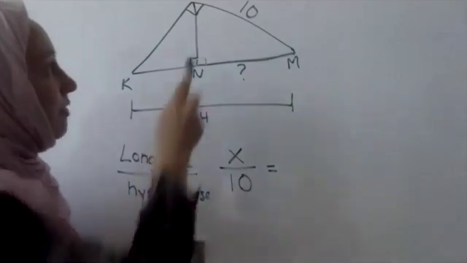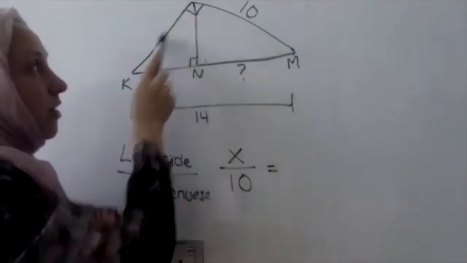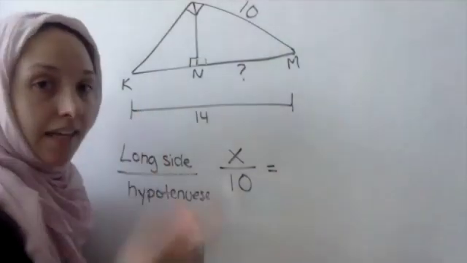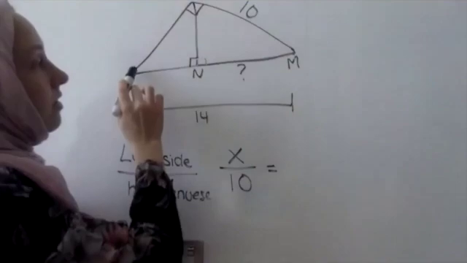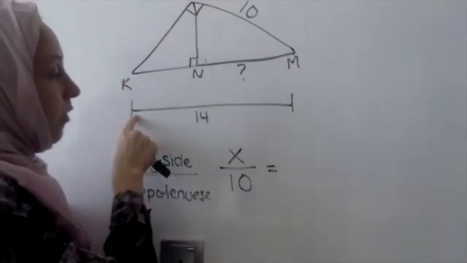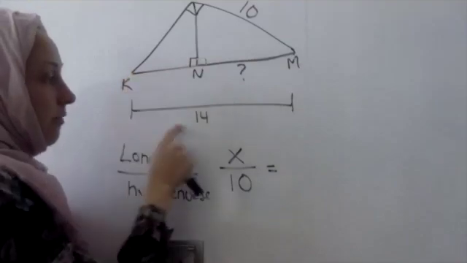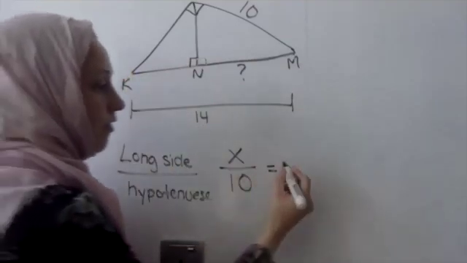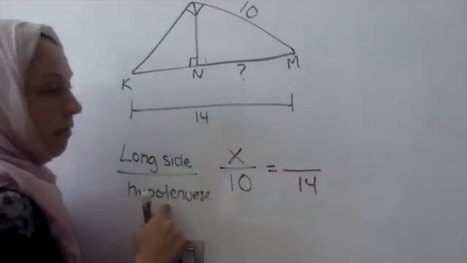We learned that this triangle is similar to this triangle and similar to the big triangle. We learned that last week on Thursday. So I'm going to take the big triangle because I know its hypotenuse. Its hypotenuse is 14. I'm putting it on the bottom because my hypotenuse is on the bottom.